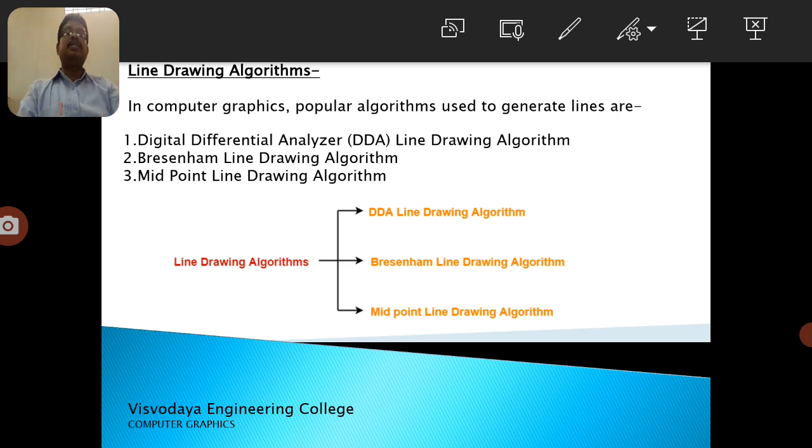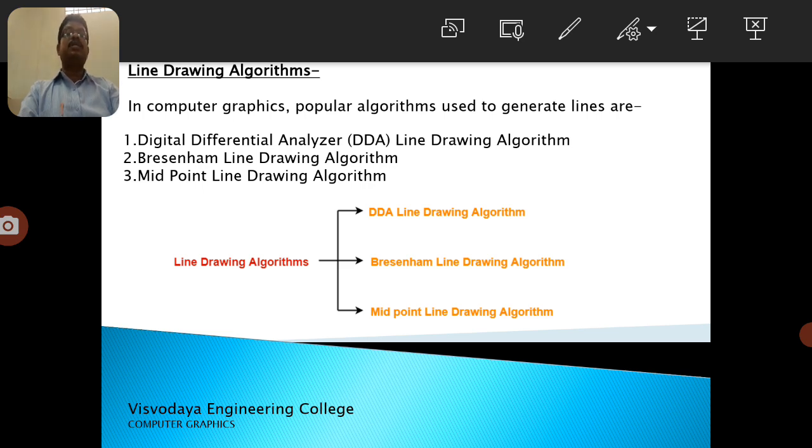Basically, we need to understand one concept before we go through these algorithms. The computer cannot take lines or images directly to display onto the screen.